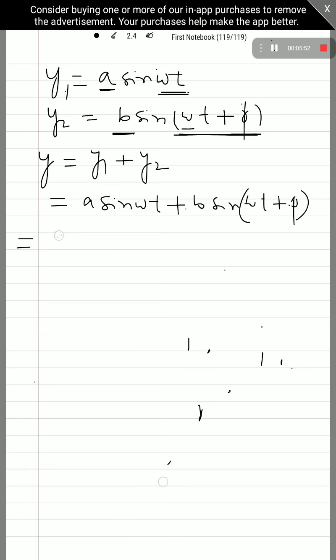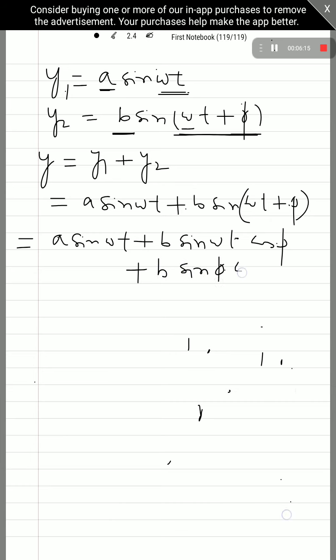I'll write A sin omega t as it is, plus B times sin(A plus B), so it will become sin omega t cos phi plus sin phi cos omega t. So we have just expanded the sin(A plus B) formula here.